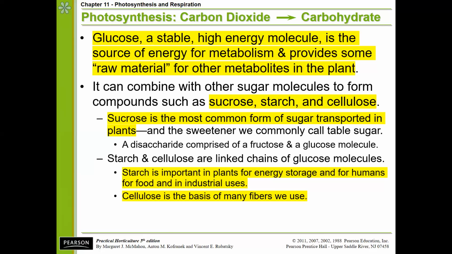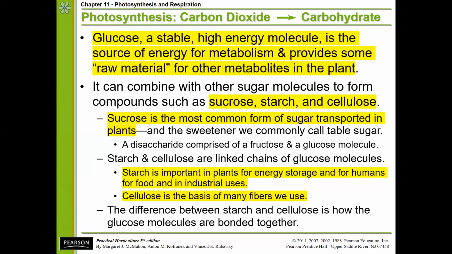Cellulose, on the other hand, is the basis that makes up a lot of the plant tissues and also many of the fibers that we eat. And again, really the main difference there is just how these glucose molecules are bonded together.